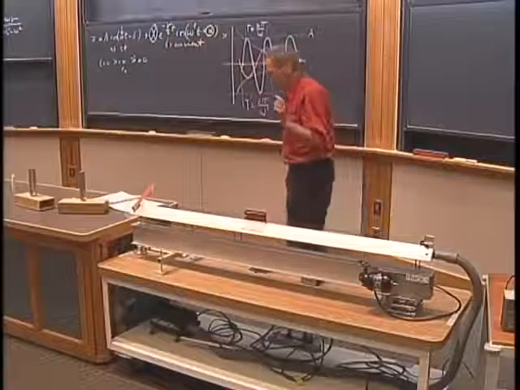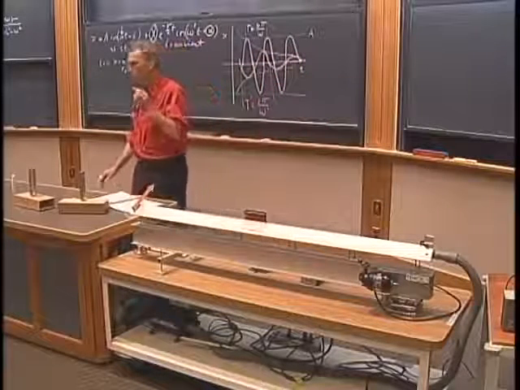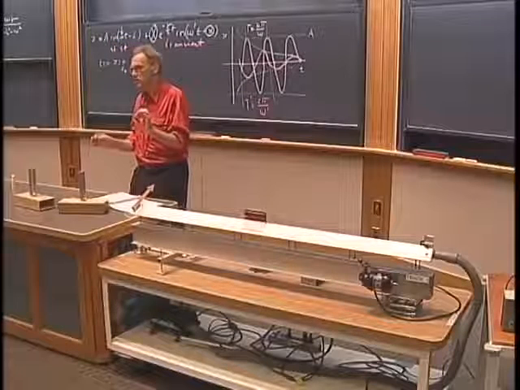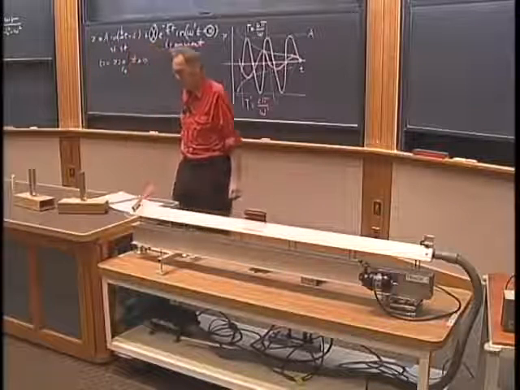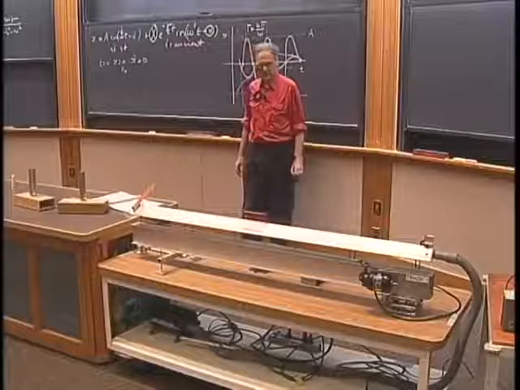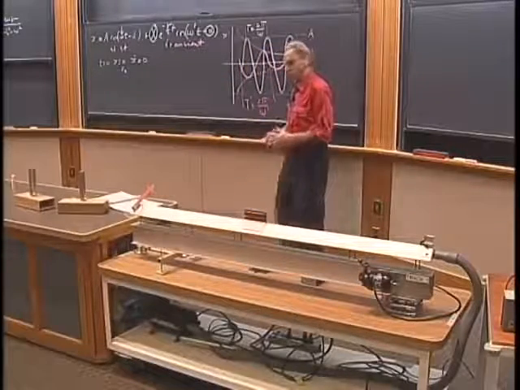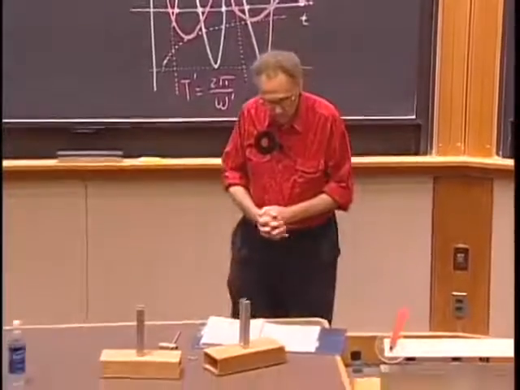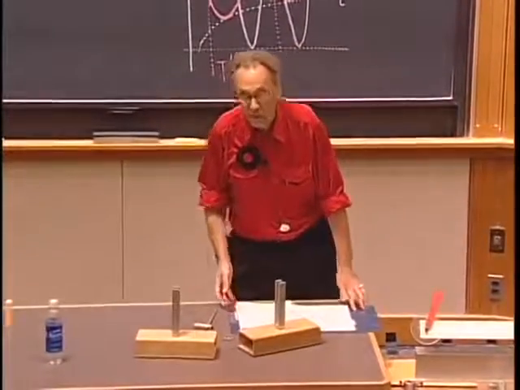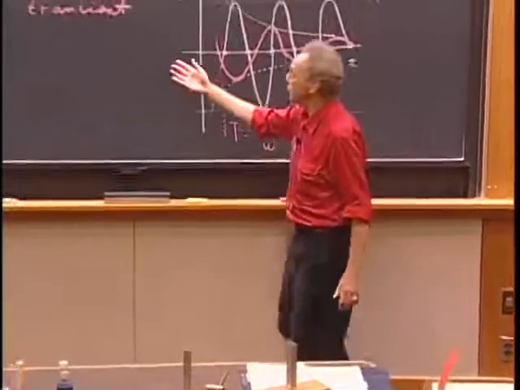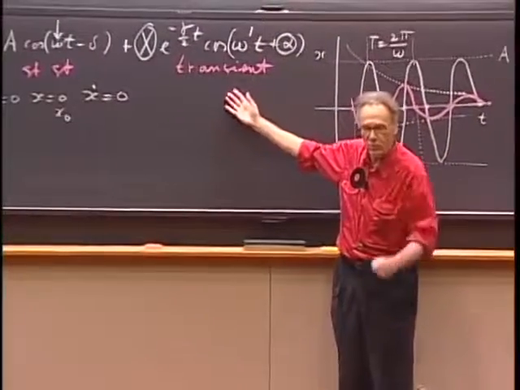And now I'm going to drive it just a little bit off resonance, a little bit below the resonance frequency. And what you're going to see now is the sum of these two, but since gamma is so low, it will take a long time for this transient to die out. And that is exactly what I want you to see.